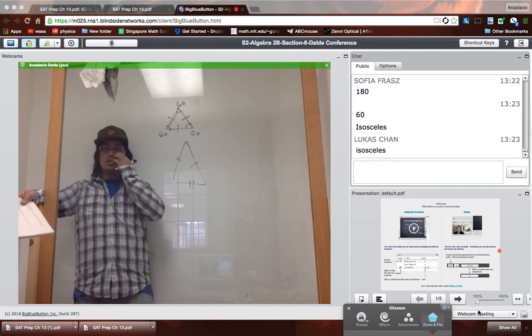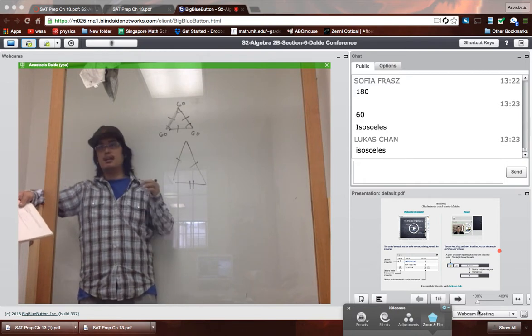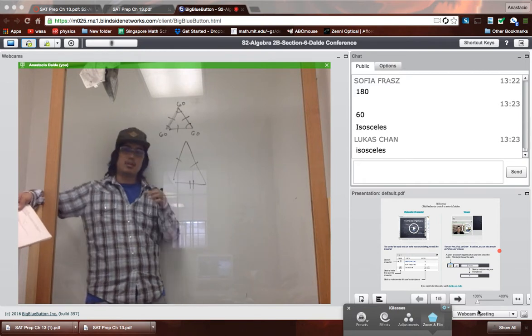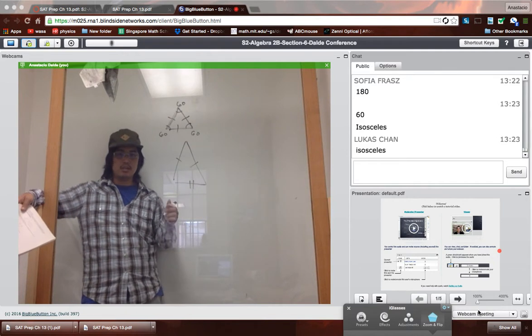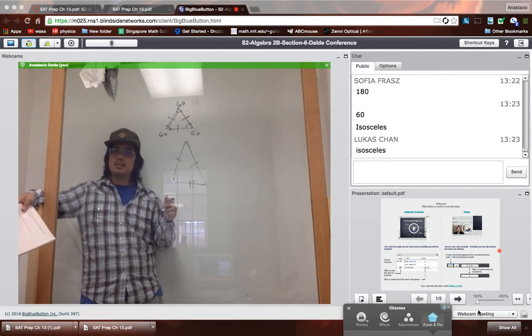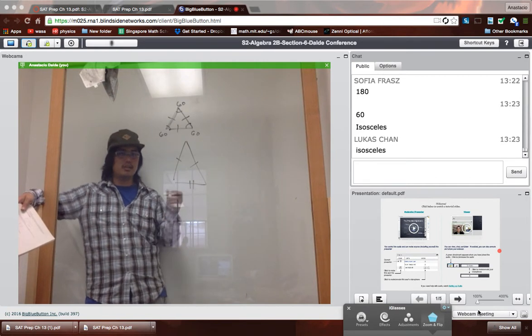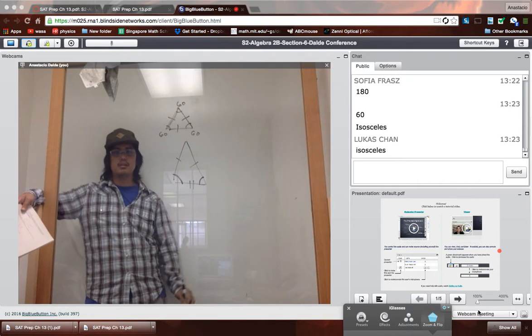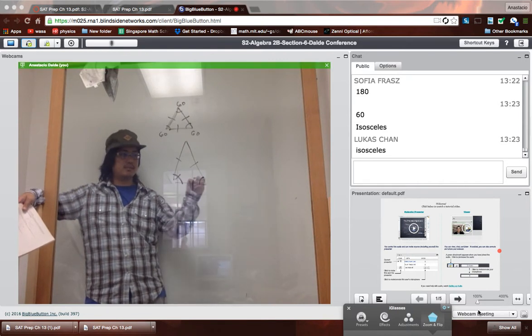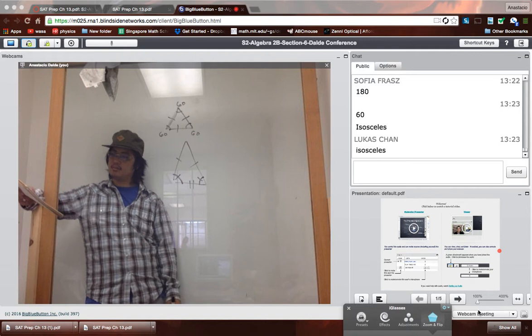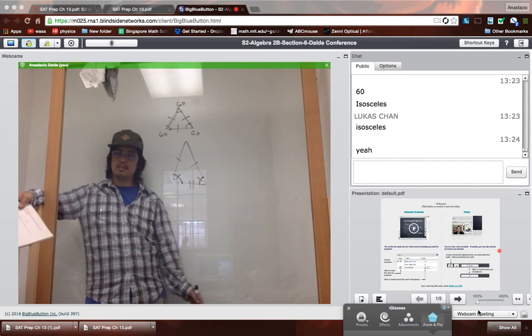One of the things I can guarantee Barron will say about an equilateral or isosceles triangle is that these angles right here are the same as each other. Does that make sense?